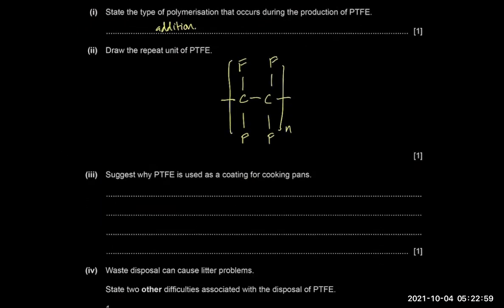Suggest why PTFE is used for coating pans. How on earth is this a one-marker? Why have they given 4 lines for this? This is deception. It's like a one-word, two-word answer. It's non-sticky, but that's a qualitative answer.